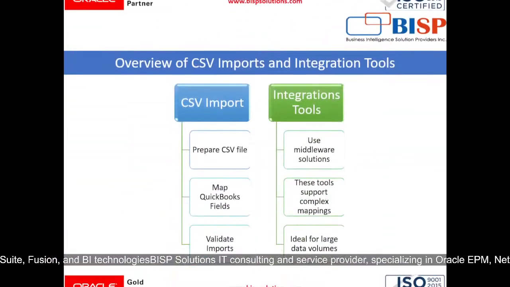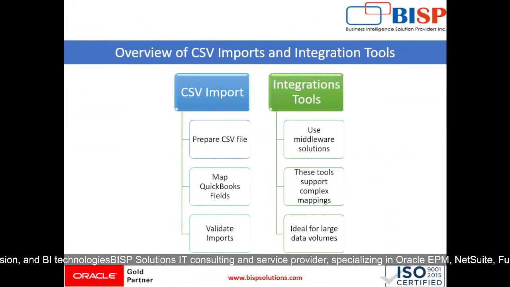Then coming to our next topic, which is the overview of CSV imports and integration tools. First is CSV import, which has native support through the NetSuite import assistant tool, which simplifies data migration.